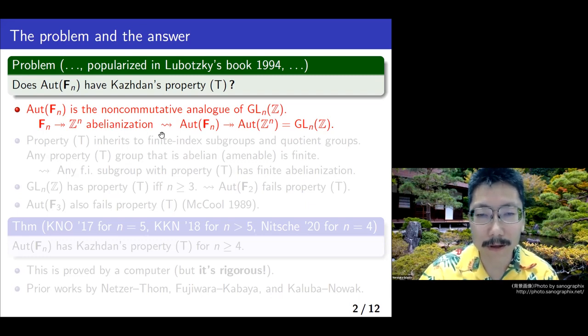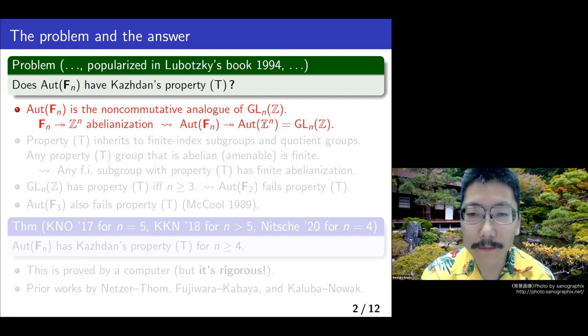This gives rise to a homomorphism from the automorphism group of the free group into the automorphism group of Z^n, which is GL_n(Z).